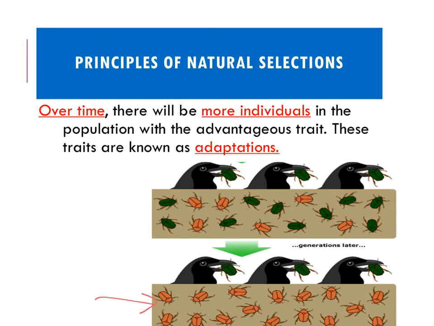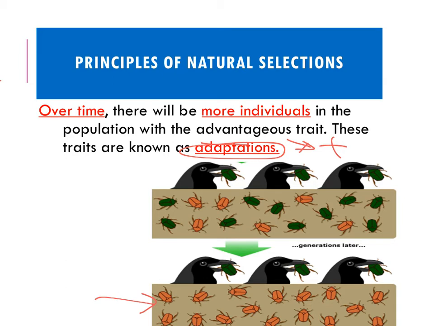Several generations later, all the bugs are brown, and it's because over time, there will be more individuals in these populations with the advantageous trait. Advantageous, this word, means good or beneficial. These traits that are good or beneficial are called adaptations.